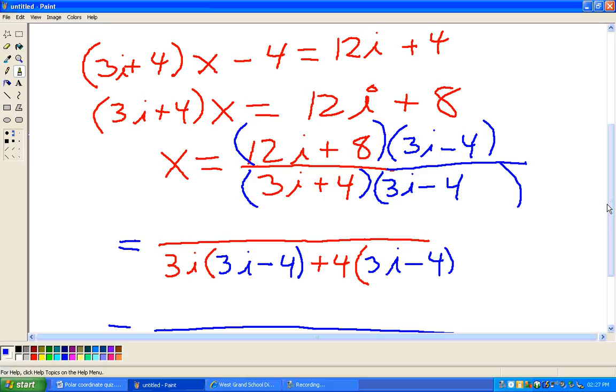For the top, we're going to do the same thing. I've got the 12i times 3i minus 4.